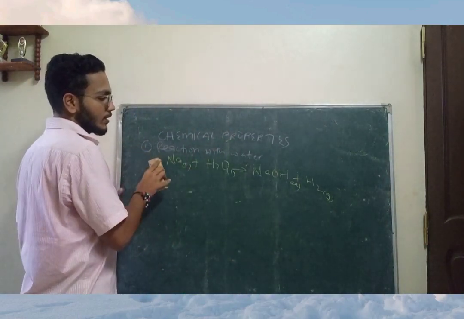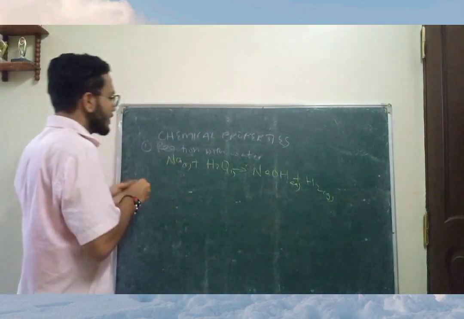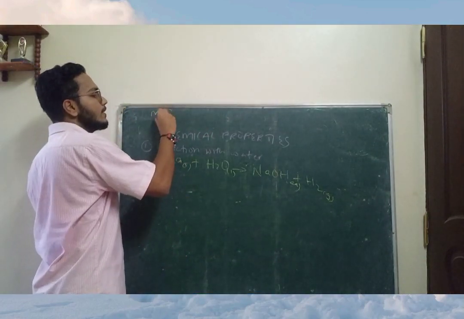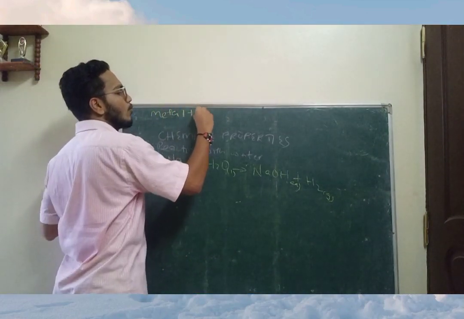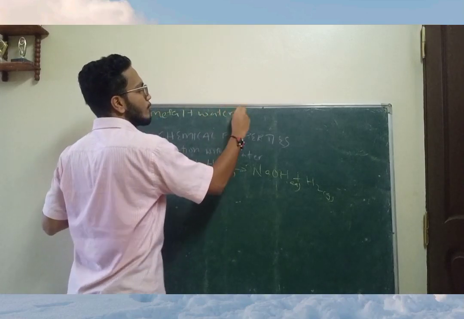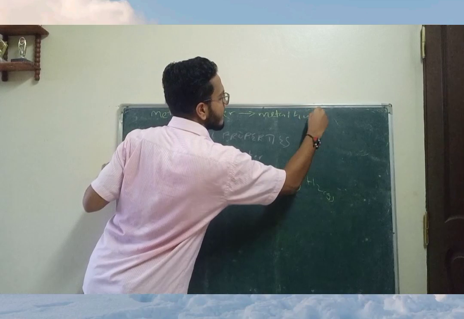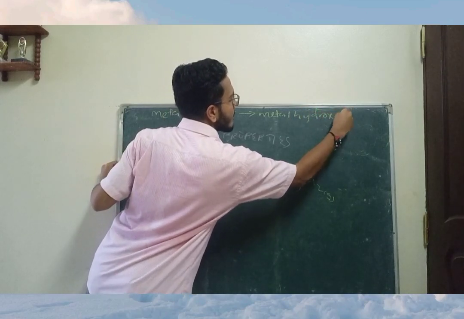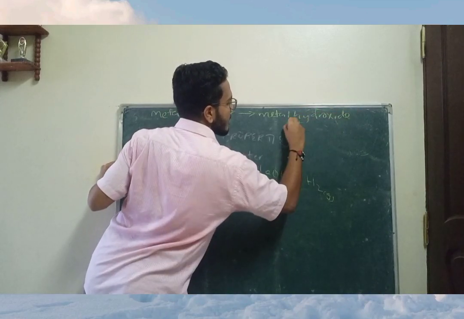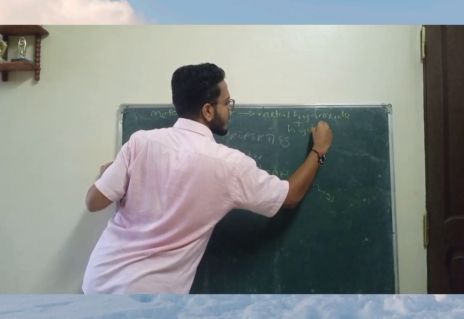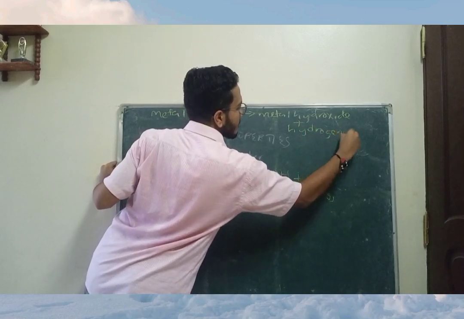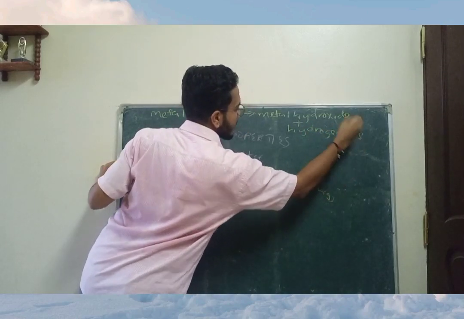So reaction with water: when an alkali metal reacts with water, it forms a metal hydroxide plus hydrogen gas.